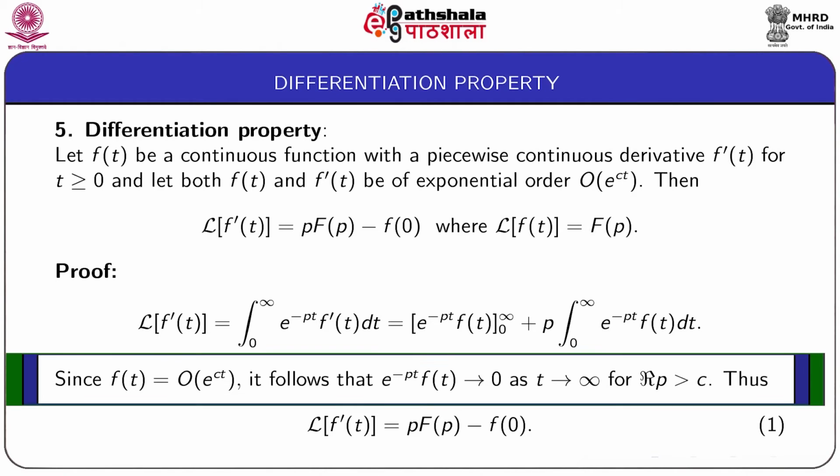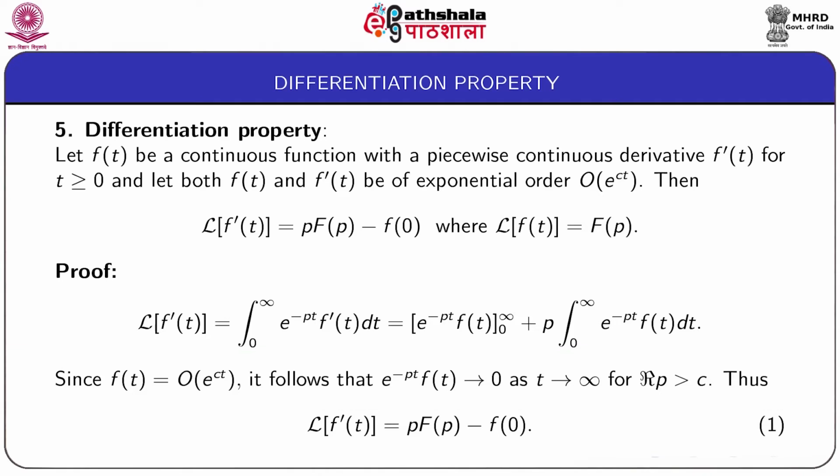Since f(t) is of order e to the power ct, it follows that e to the power minus pt f(t) tends to 0 as t tends to infinity for real p greater than c. Thus, the Laplace transform of f dash t is equal to p of capital F(p) minus f of 0, which is given by equation 1.